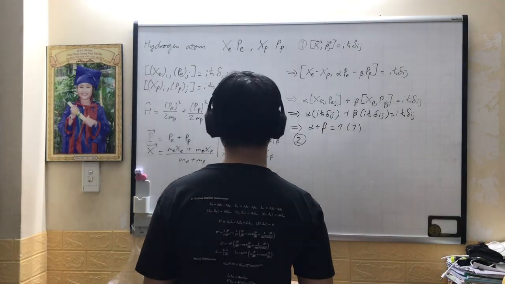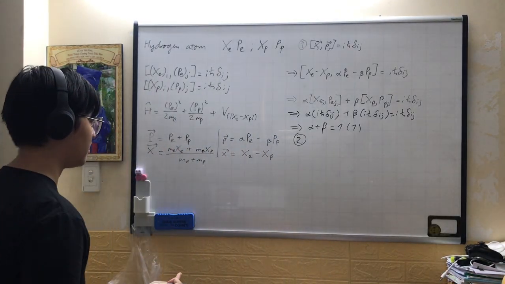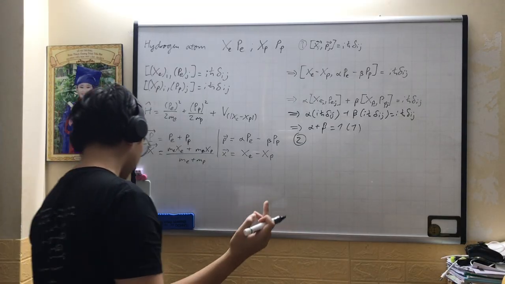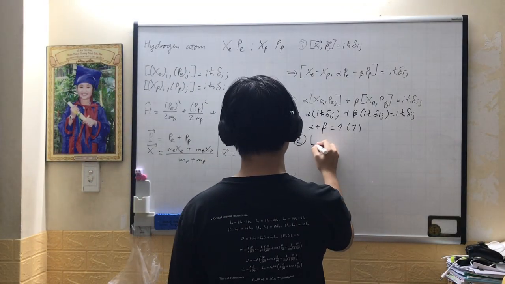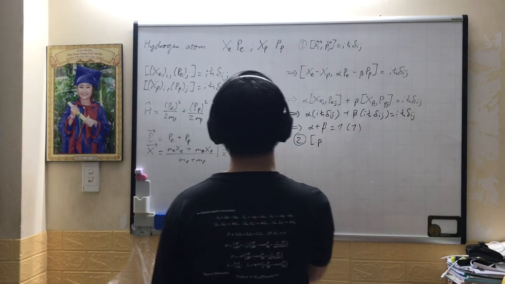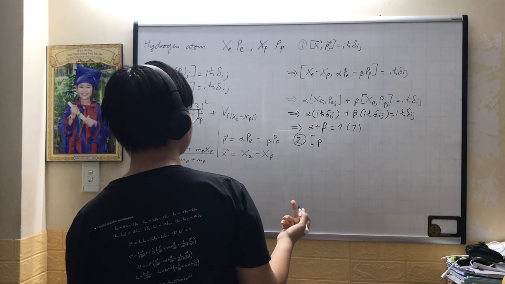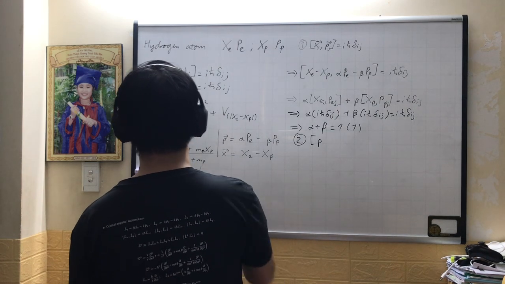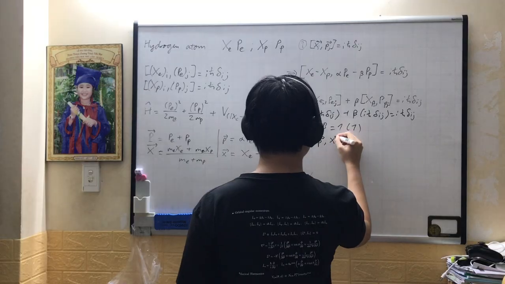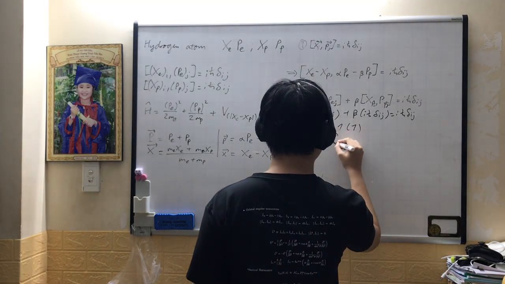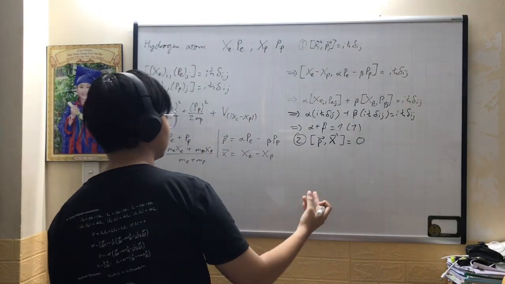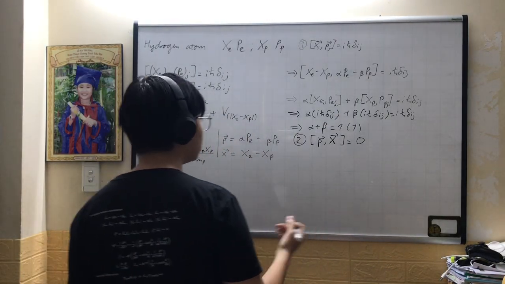The second one is the commutation between the relative and the center of mass. This time we take a look at the commutation between our p, so we can get alpha and beta, and the big X, the center of mass. This term is equal to 0 since these two commute.